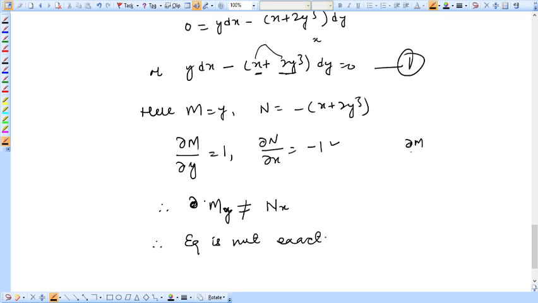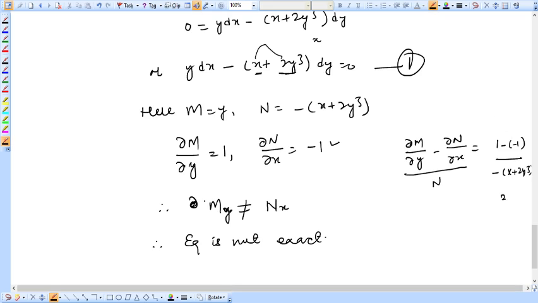For this we need to find the difference of ∂M/∂y and ∂N/∂x, divided by N. It is equal to 2 by (−x + 2y³).